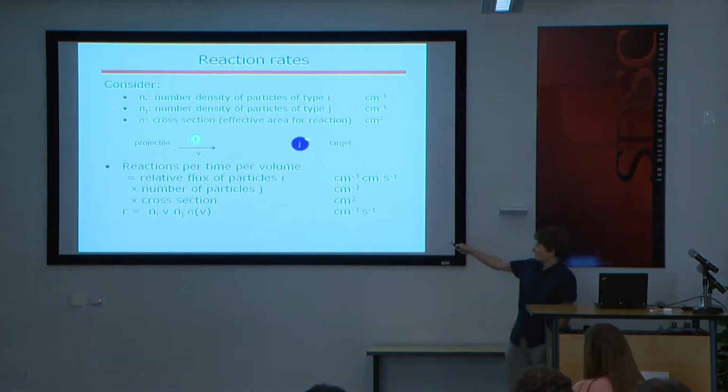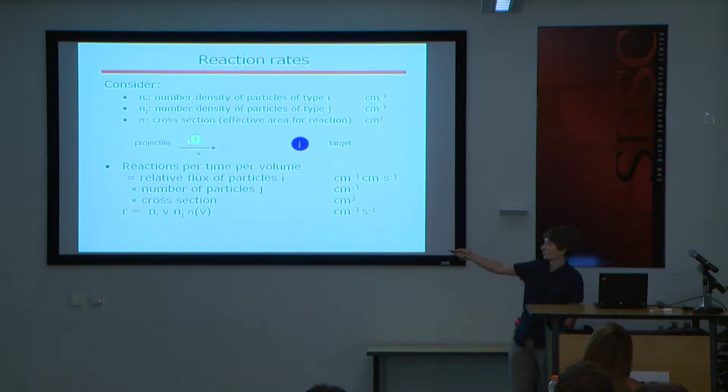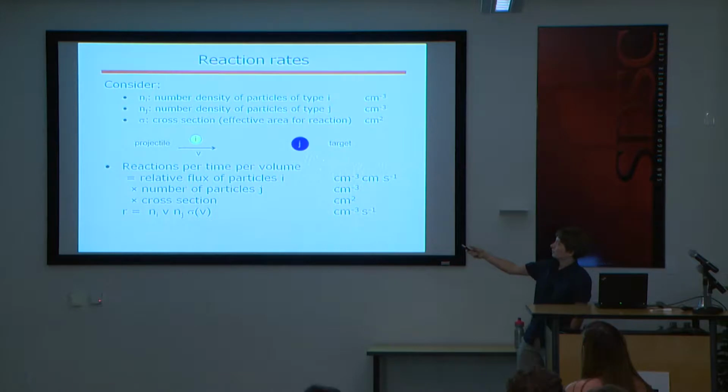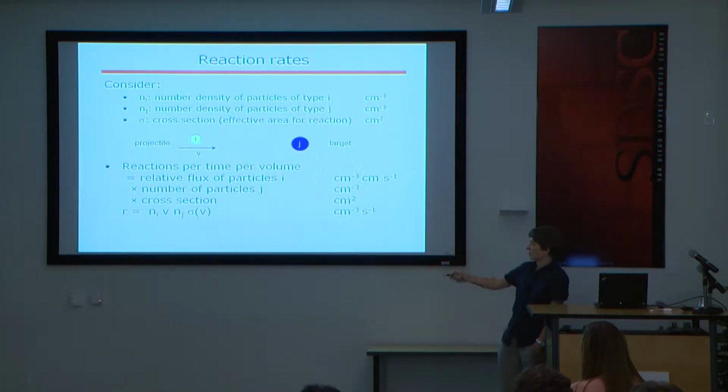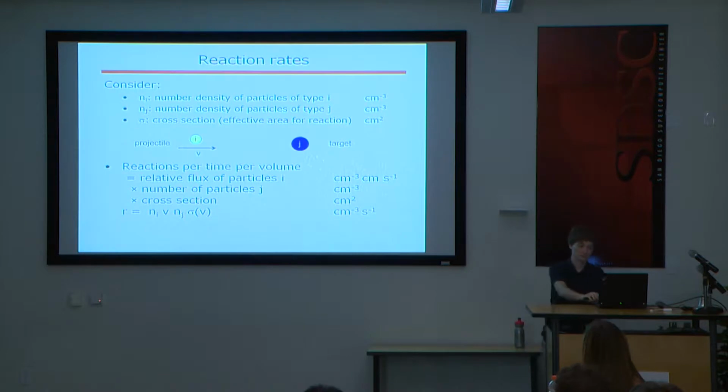For simplicity, I'll keep my target fixed, so one particle type just sits there, and the other particle type is moving. This is the projectile moving at some constant velocity. You can write the reactions per time and volume as the relative flux of particles times the number of I, which are the projectiles, times the number of particles J, your target, times the cross-section between the two. Here are the reactions, number densities, the velocity, number density of J, and the cross-section.